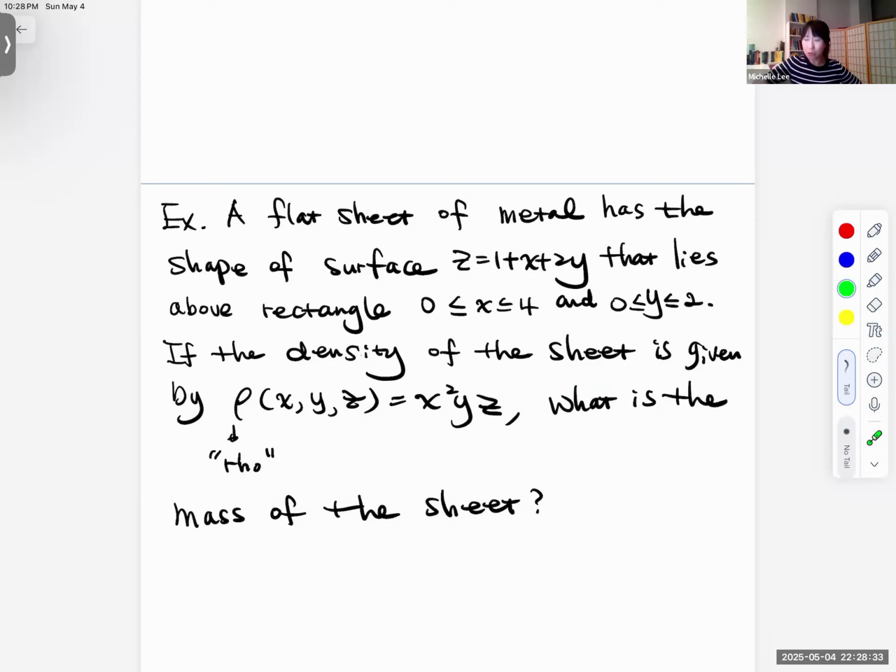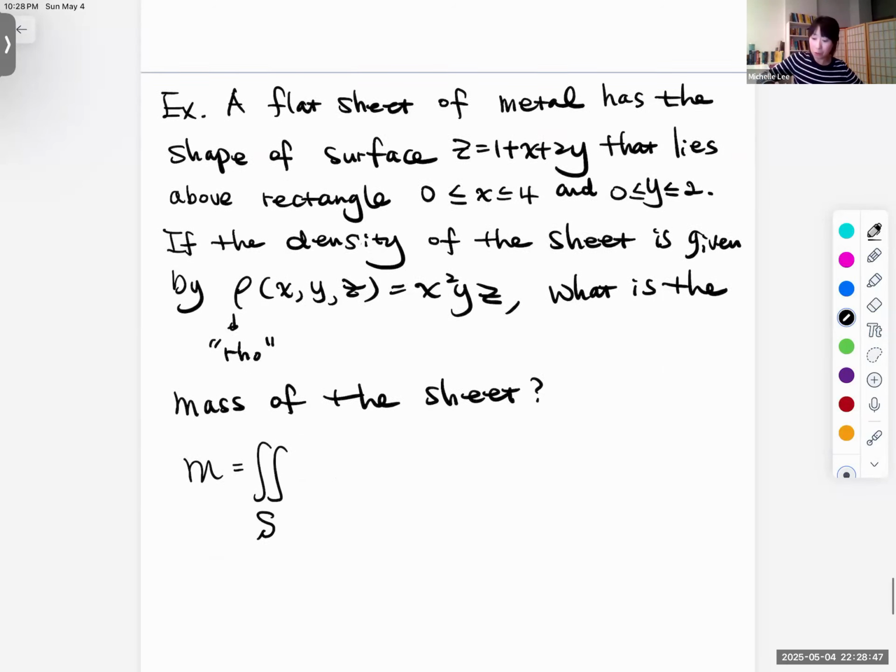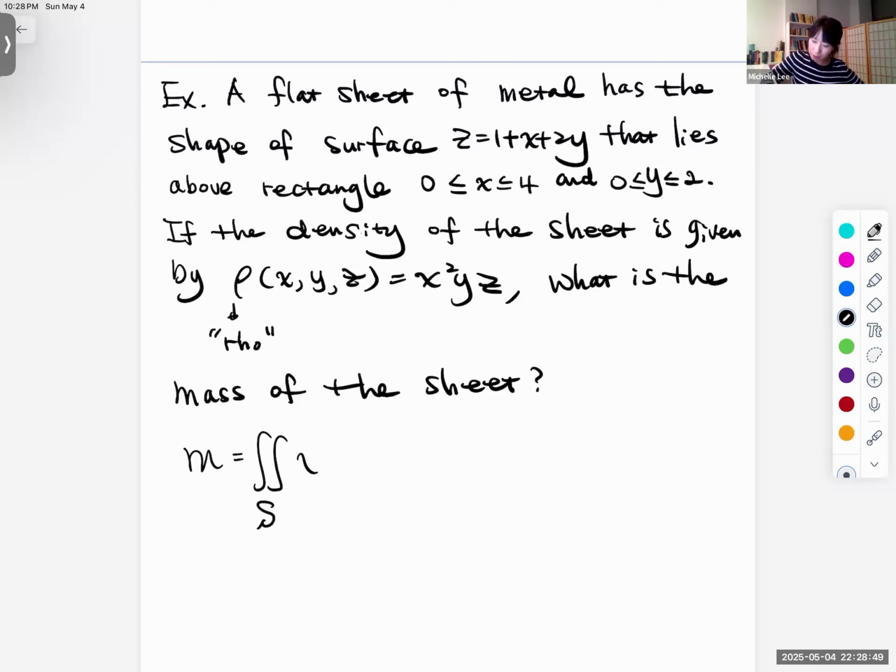What is the mass of the sheet? Following the formula, M equals the double integral over S of x squared y z dS, the density function.